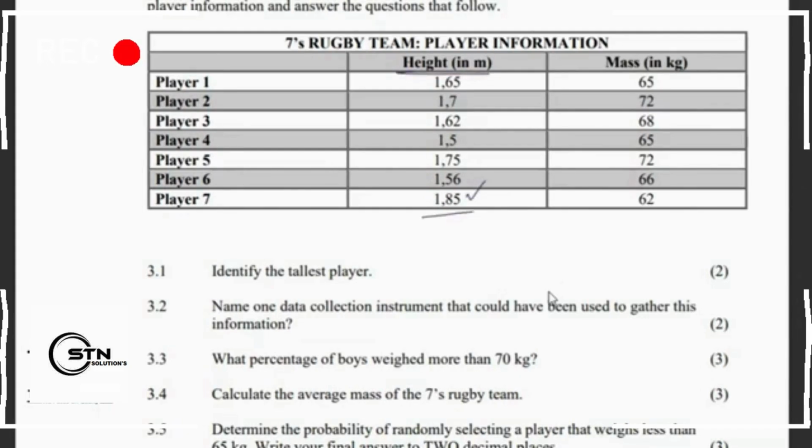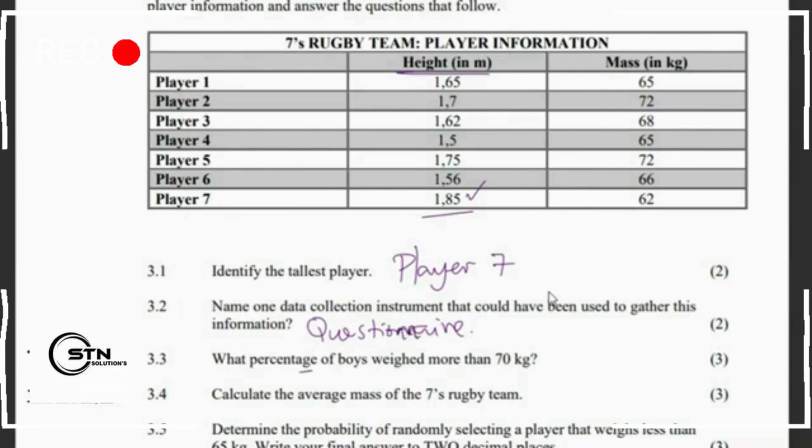This is the largest value. So we shall say player 7. Name one data collection instrument that was used. This was supposed to be a questionnaire.